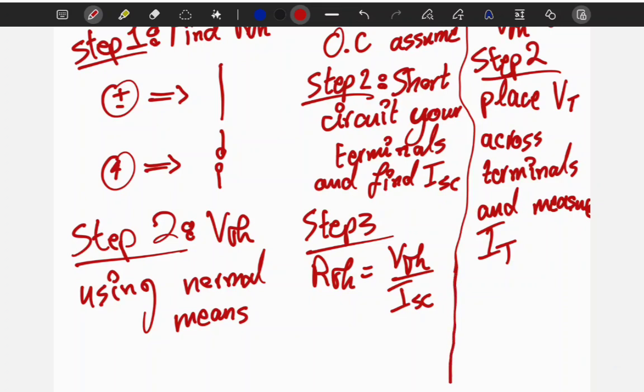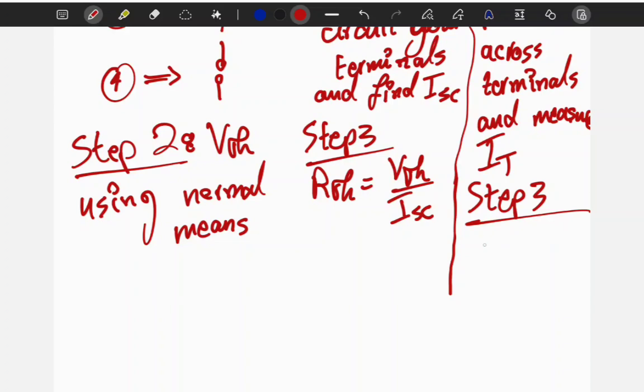So I placed a voltage source across the terminals, and this voltage source causes a current to flow out of it, and this current is It. The final step, step 3, is just R Thevenin is equal to Vt over It.